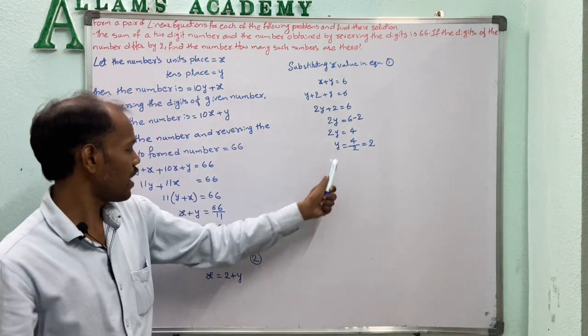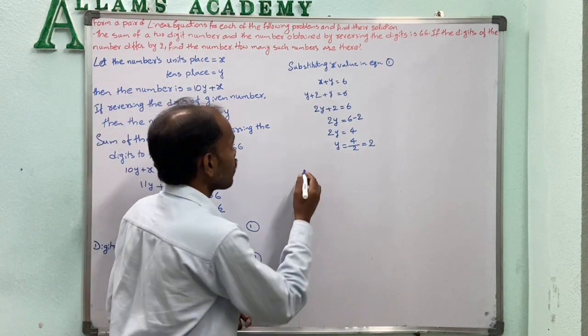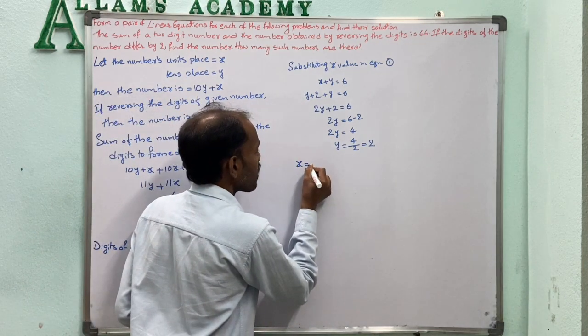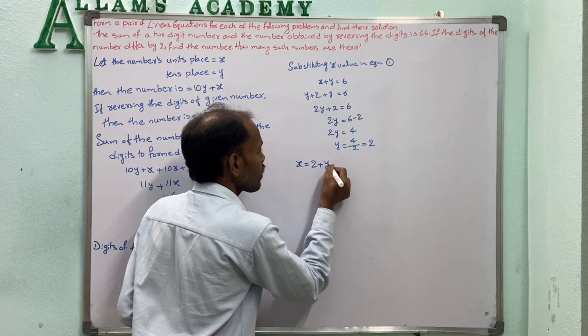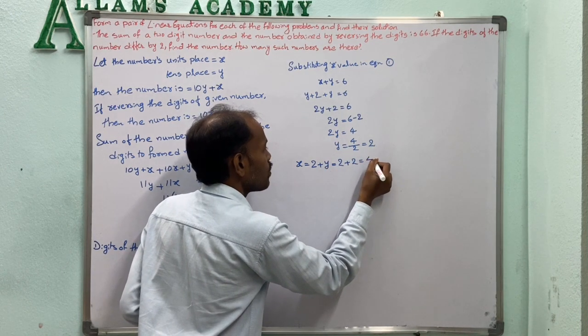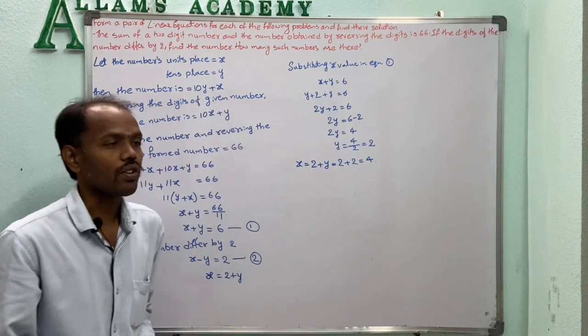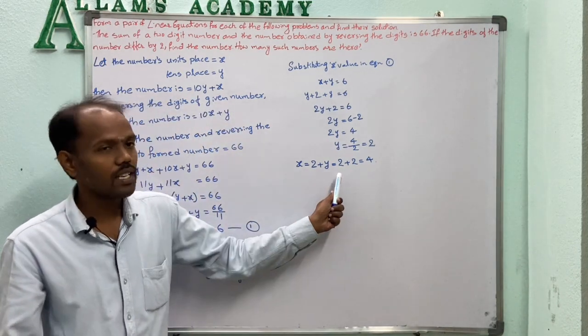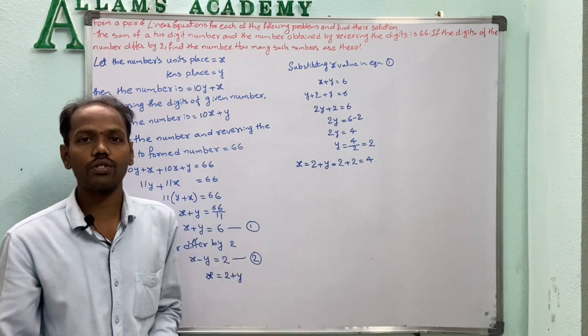Now this y value substituting here, x equal to 2 plus y, 2 plus 2 equal to 4. So we get x equal to 4 and y equal to 2.